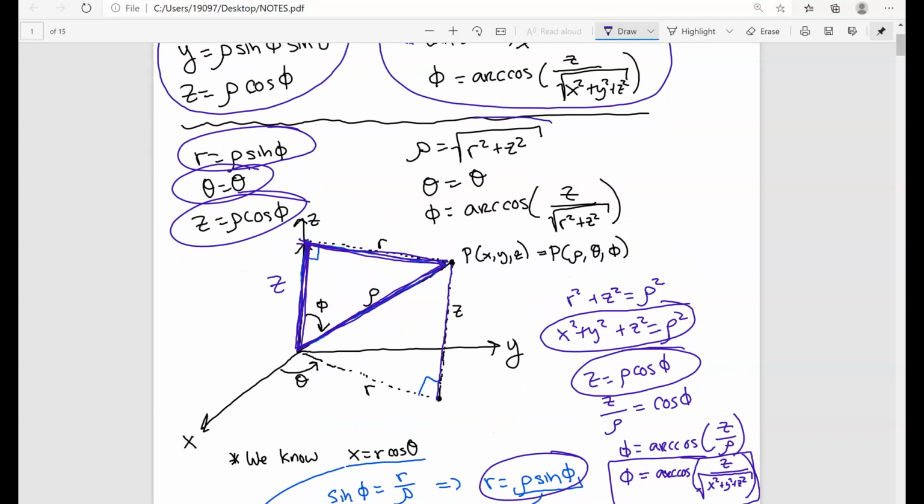How do we get this one? Well, that one's pretty easy, because we know that rho squared equals x squared plus y squared plus z squared. We know that x squared plus y squared is just r squared, and then I just take the square root, so I have the square root of r squared plus z squared. For theta, theta equals theta, same thing.